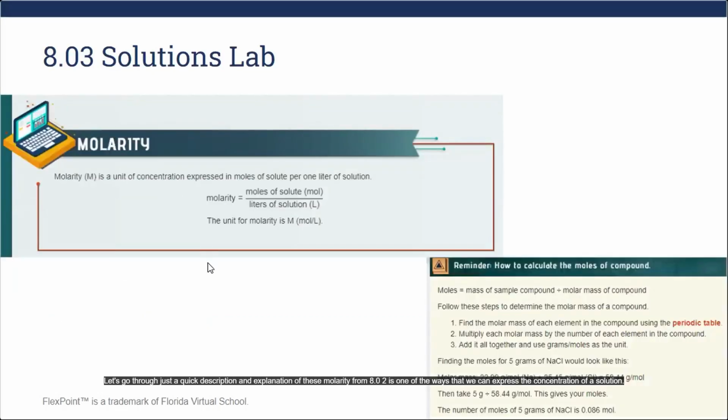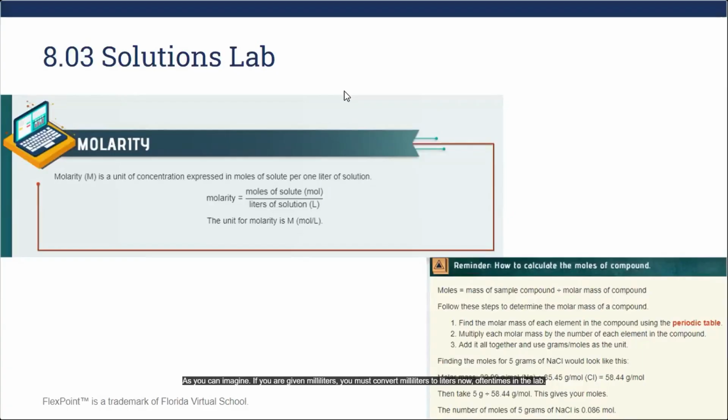Molarity from 8.02 is one of the ways that we can express the concentration of a solution. Molarity, which we use a capital M to represent, is the number of moles of solute divided by liters of solution. As you can imagine, if you are given milliliters, you must convert milliliters to liters.